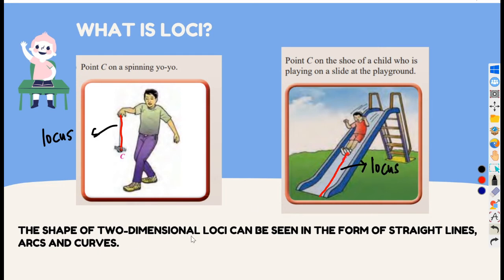The shape of two-dimensional loci can be seen in the form of straight lines, arcs, and curves. As you can see, this one is a straight line, and this is a straight line and a curve. So that is basically what a locus is.